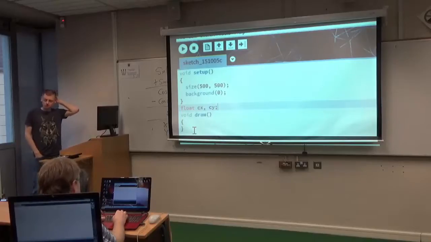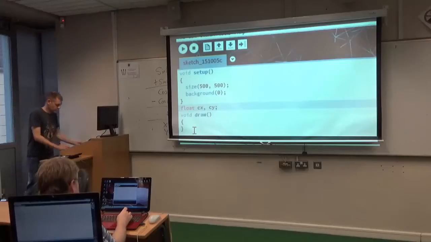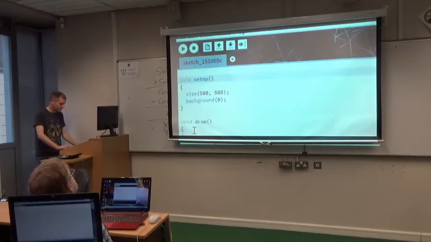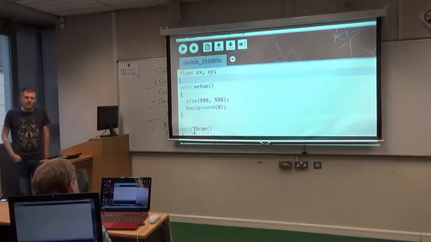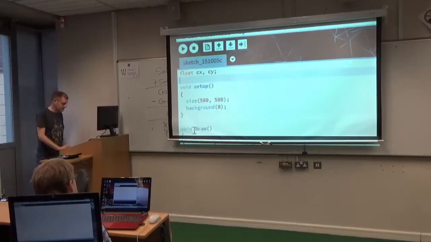Why do you put your global variables underneath setup and not at the top? No good reason. We can put it up at the top as well. It's just a preference, it doesn't matter where it is as long as it's outside. So long as it's outside those other two methods, it becomes a global variable. Means we can use it inside setup and inside draw.